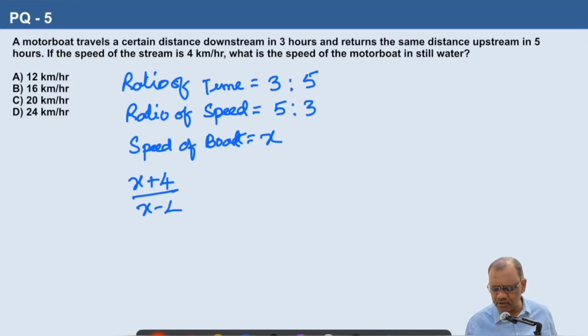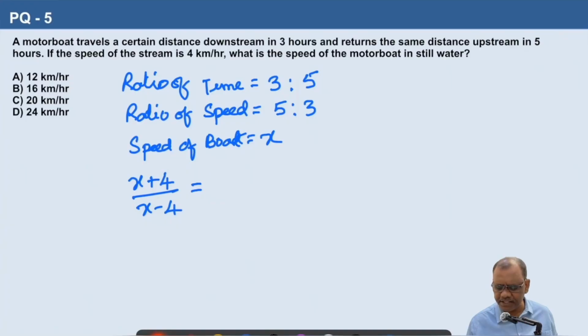This is the ratio of the speeds according to our assumption and the data given in the question. Sorry, x plus 4 is the downstream speed and x minus 4 is the upstream speed. According to the ratio obtained from the ratio of time, it is 5:3.